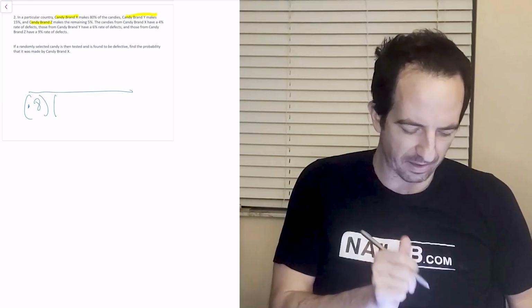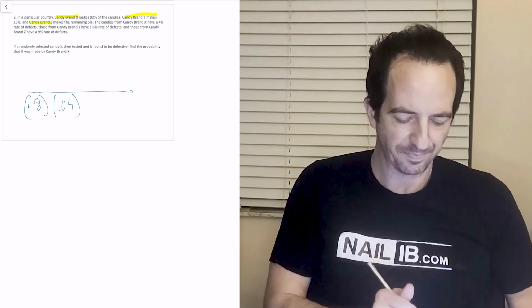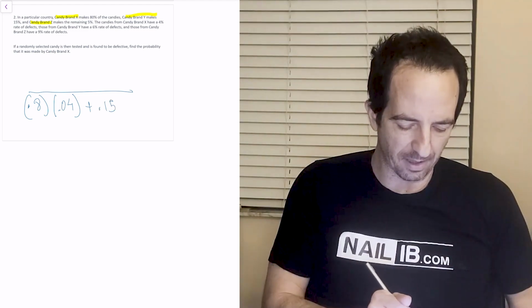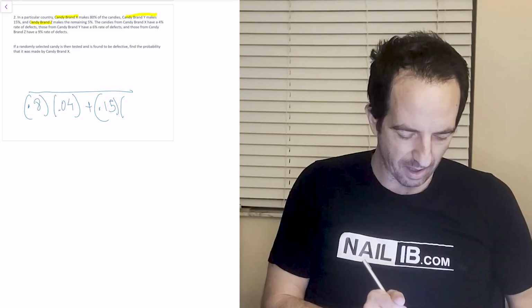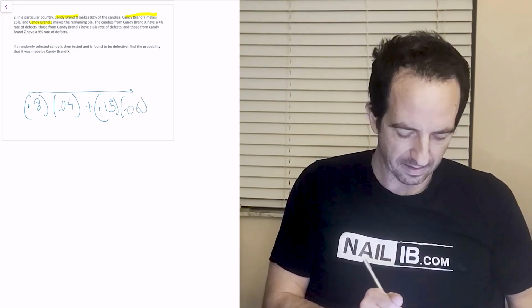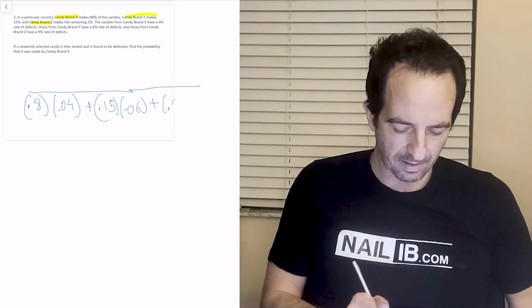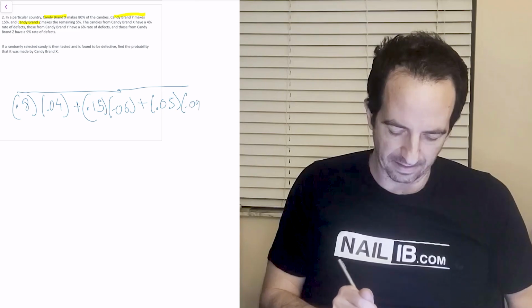So, assuming that there's no issues with the detection, it's going to be times 4%, plus candy Y, which is 15% of the market. And of those, we know that there are 6% defects. And the final one is brand Z, which has a 9% rate of defects.